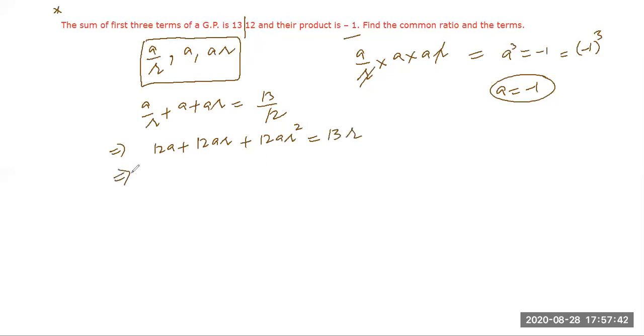But you know what a is? Yeah, a is -1. So this comes -12 minus 12r minus 12r square is equal to -13r. So all of these are minus, you just convert all the minus into plus. So it becomes 12r square. This 13 comes to this side. So it will be, yes, students, anyone can say.